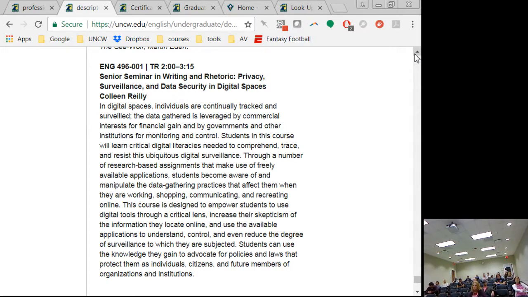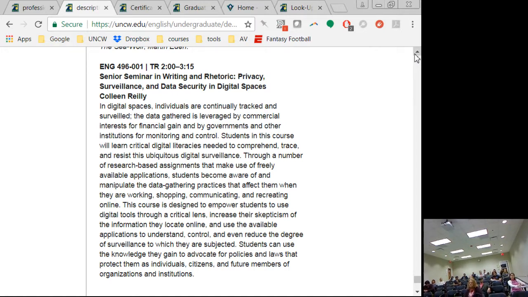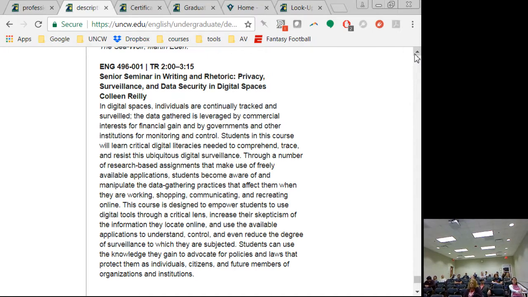How do you visualize that surveillance, and what are some of the ways in which you can reduce or obfuscate your data to make it less useful to people who are taking it and monetizing you for their own purposes? So that's some of the things we're going to talk about.